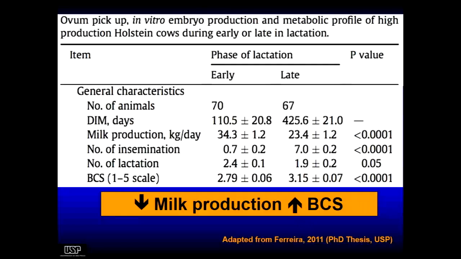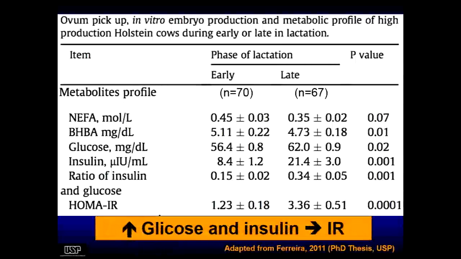This is the animals, this is the experiment. Of course, in late lactation, they decrease milk production and improve the body condition score, as you can see here by the analysis. When we produced the metabolic data, you can see here that in late lactation, we have increased glucose and insulin.